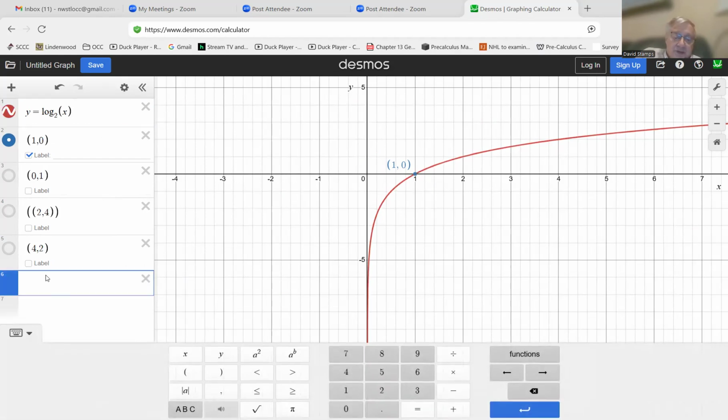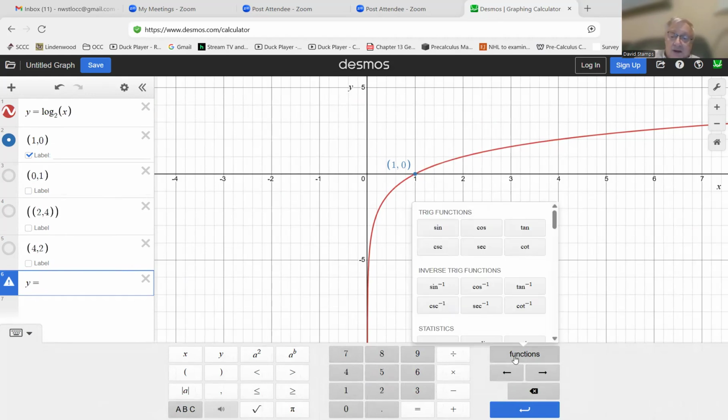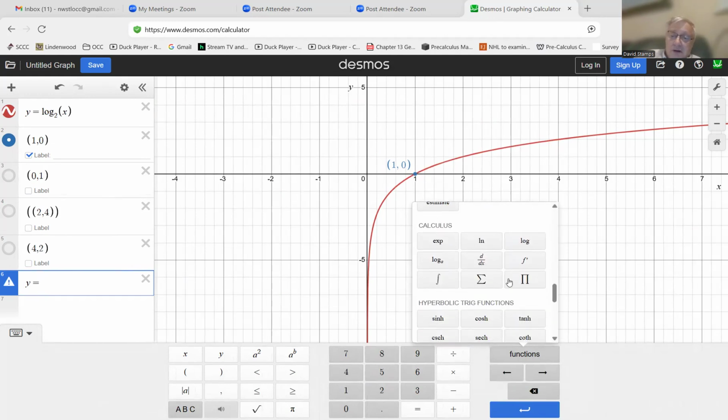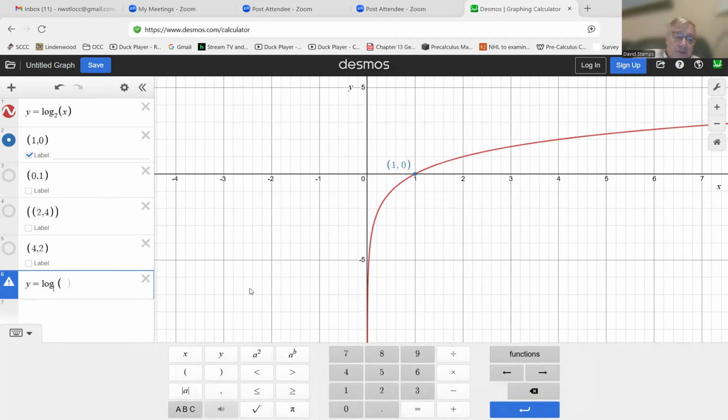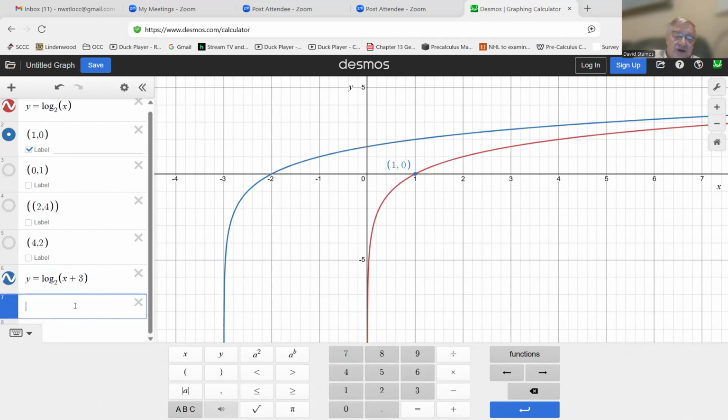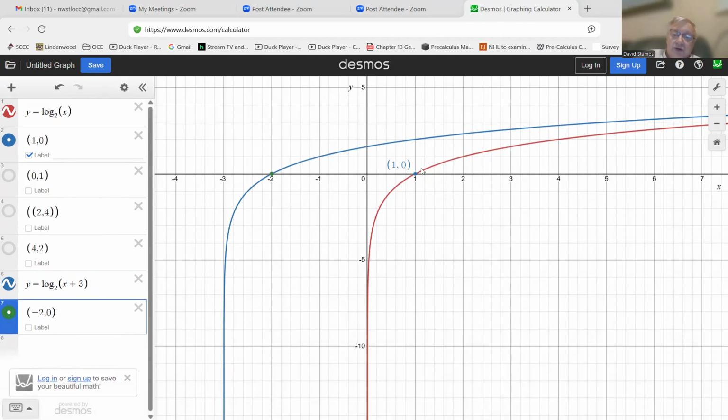So let's keep them both on there, and I'll type y equals logarithm base 2, and I'm going to put x plus 3. And there you can see the point 1, 0 has now shifted to the left 3 units to -2, 0. So this point moved from here over here.